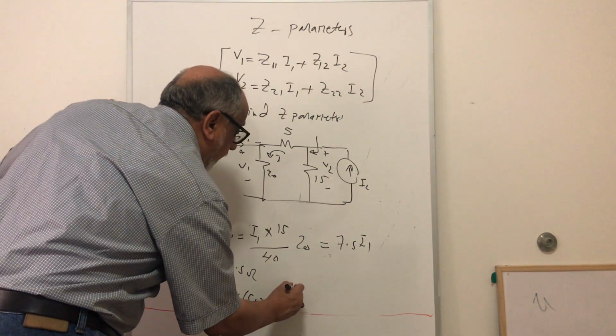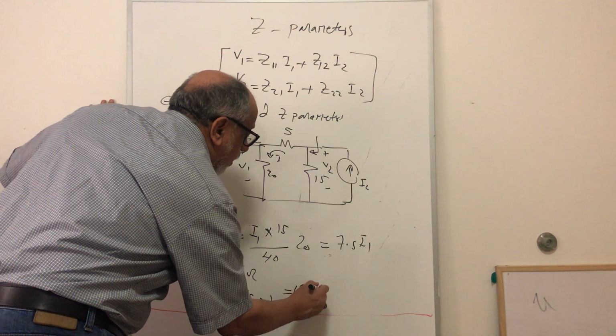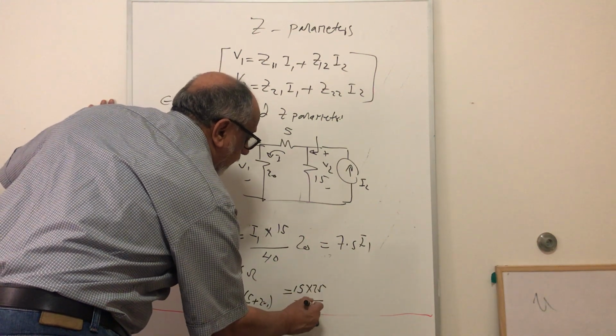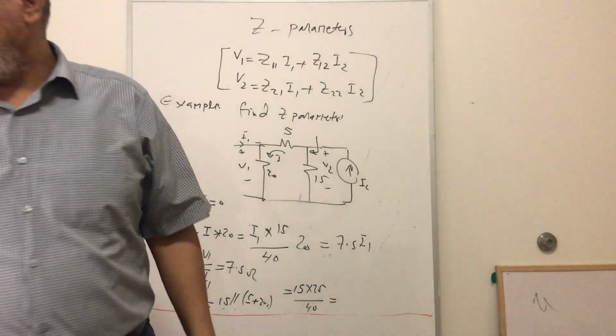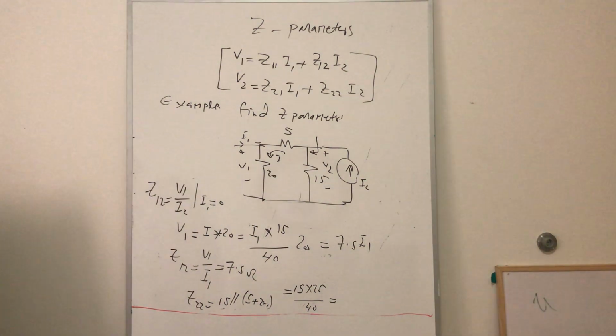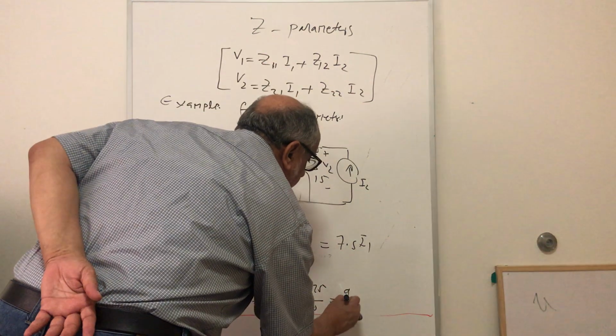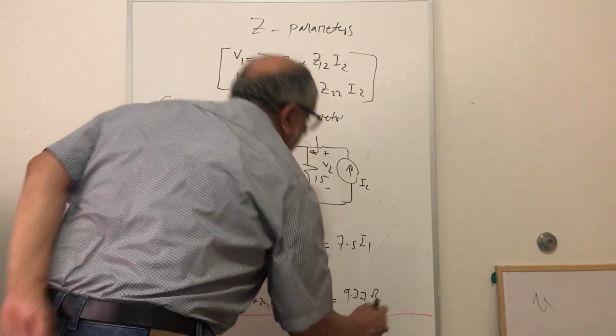So it is 15 times 25 divided by 40, and you can just evaluate this. It will be Z22 equal to 9.37 ohms.